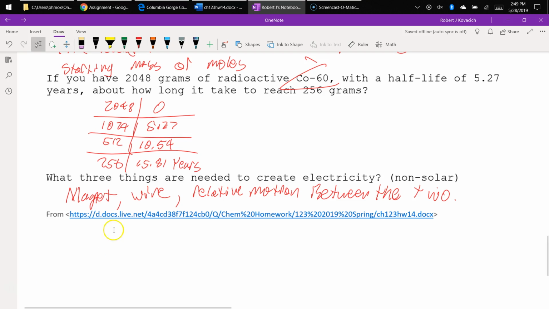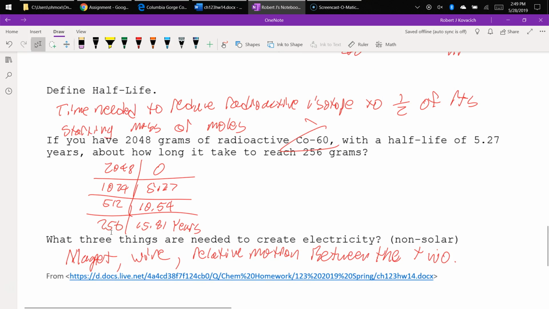Okay. Rob, for the half-life question up there, could you use that one formula, like the LN2 over the half-life? That would totally work as well.